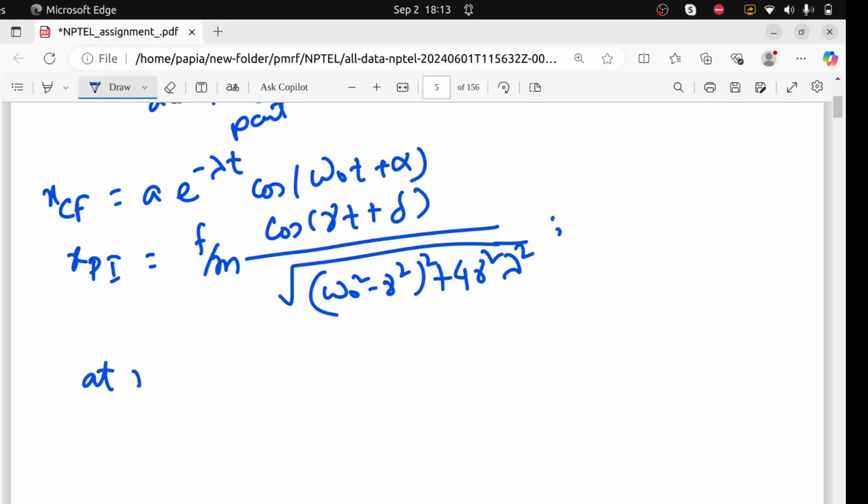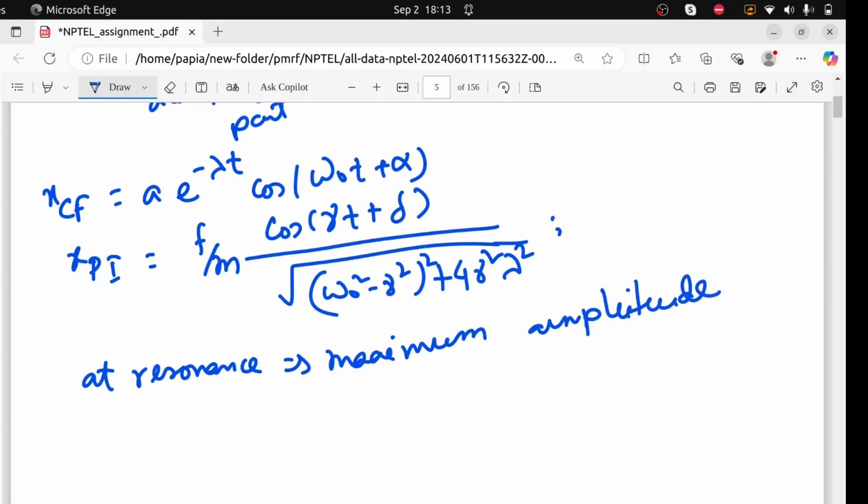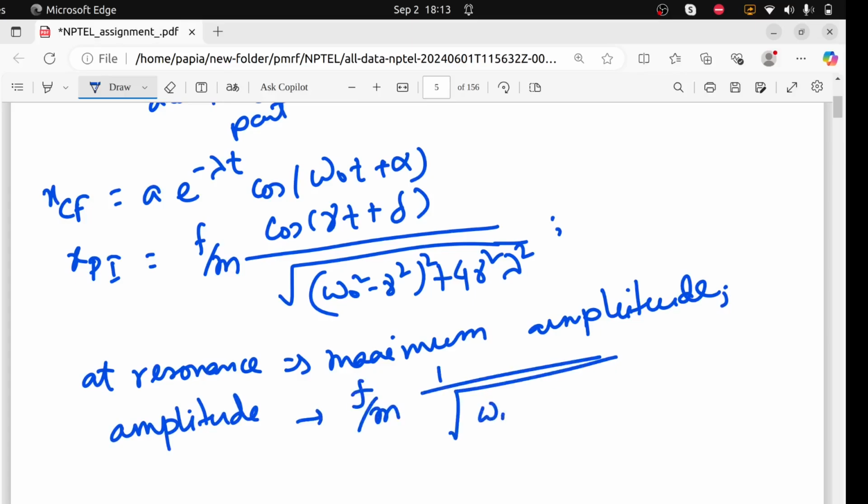That will be nothing but the resonance condition. So at resonance means maximum amplitude, and what is the amplitude here? Amplitude is F by m times 1 by root over (omega_0 square minus gamma square) whole square plus 4 gamma square lambda square.